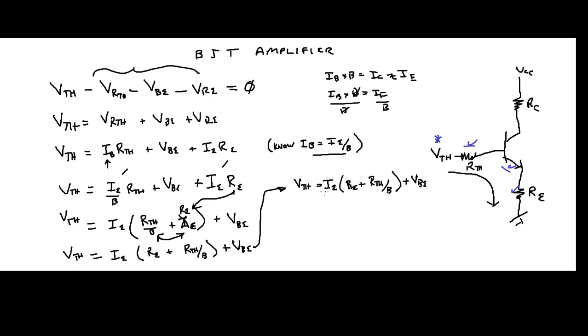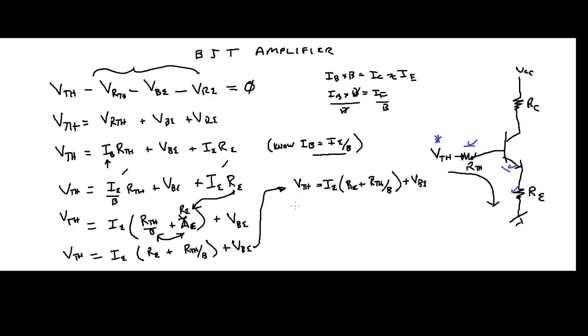Now, we want to have IE by itself, right? So how are we going to do that? First thing we're going to do is subtract VBE from both sides, all right?